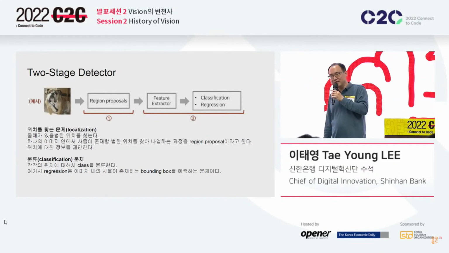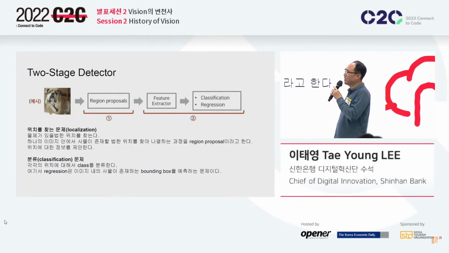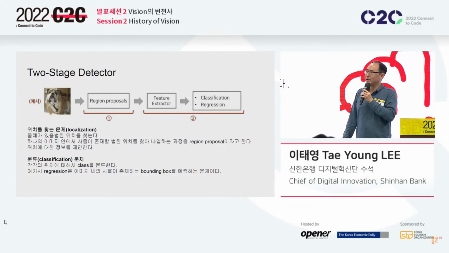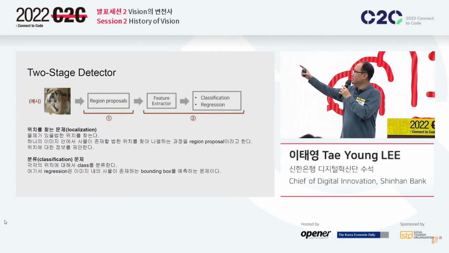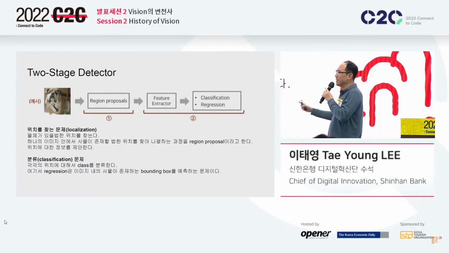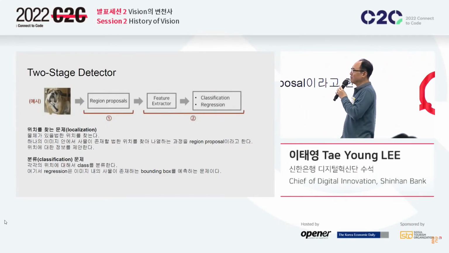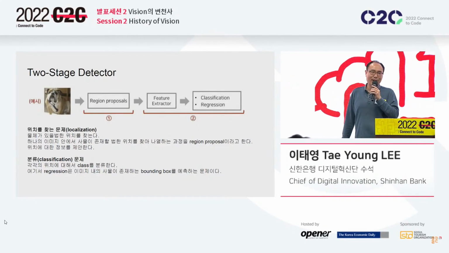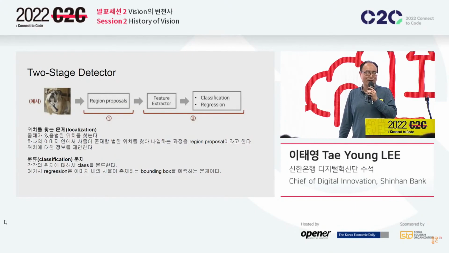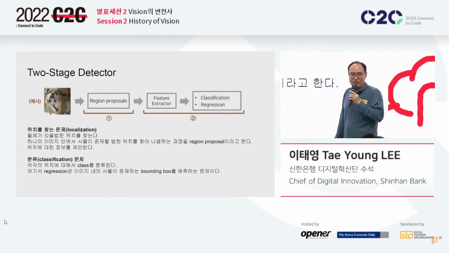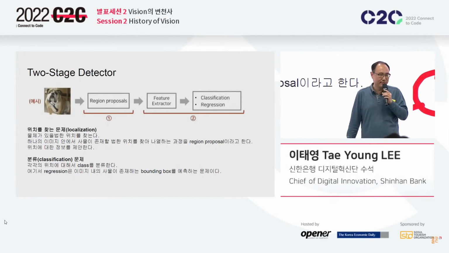So when we say object detection, it is composed of a one-stage detector and a two-stage detector. What's that? It is about the region proposal. So there are number 1 and number 2 classification. It is about whether you're going to do it all at the same time or in two separate steps. We have to think about which one is better and which one is less.